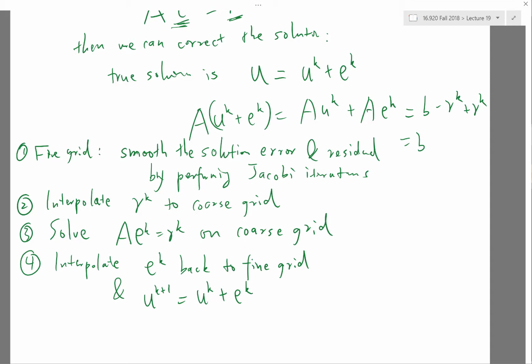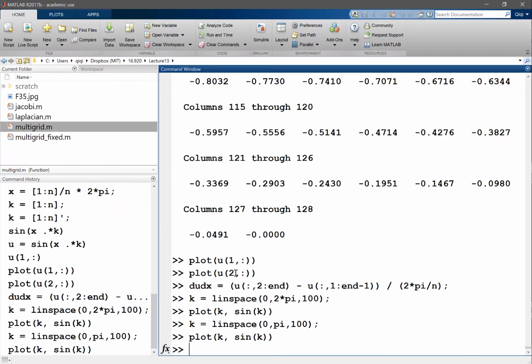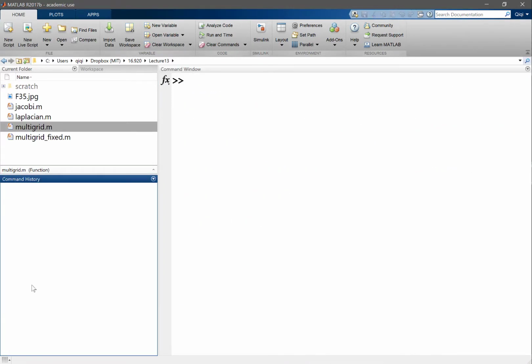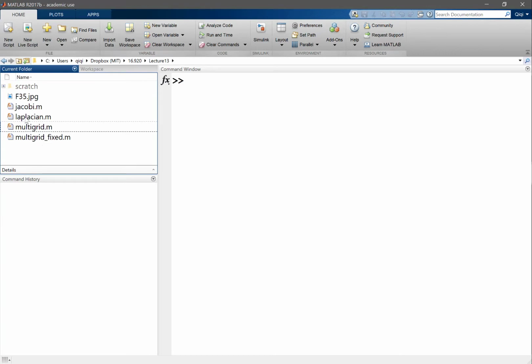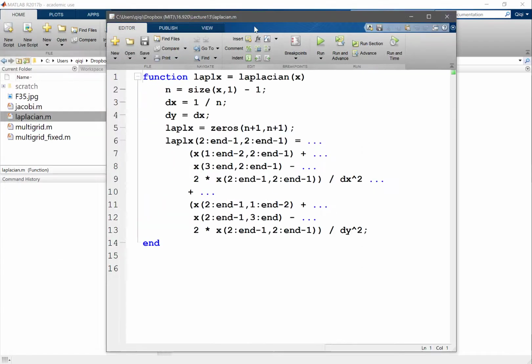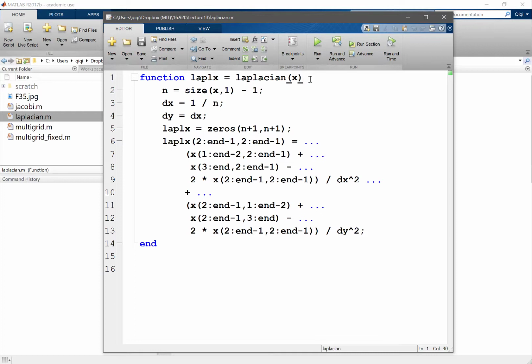So let's go through the code we wrote last time to figure out what's wrong. First of all, we wrote code for computing the Laplacian, right? This code is basically taking a field, let's call it U, and the Laplacian of U is set to 0 first.